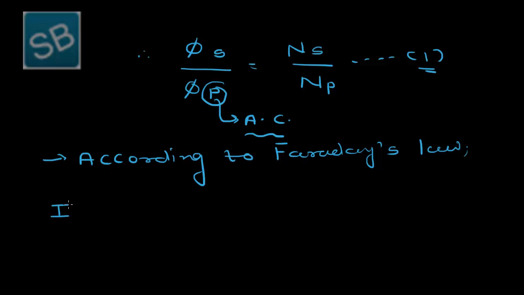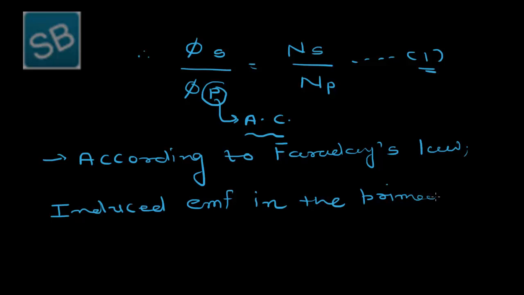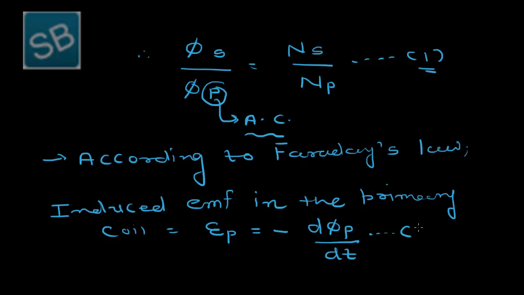So the induced EMF in the primary coil, denoted by epsilon P, is given by minus d phi p by dt, the negative rate of change of magnetic flux linked with the primary coil.